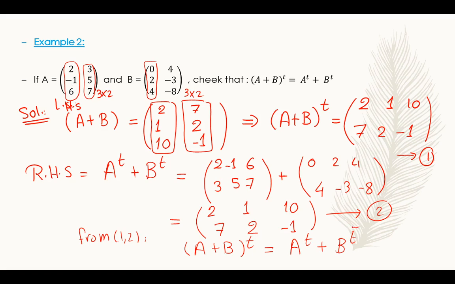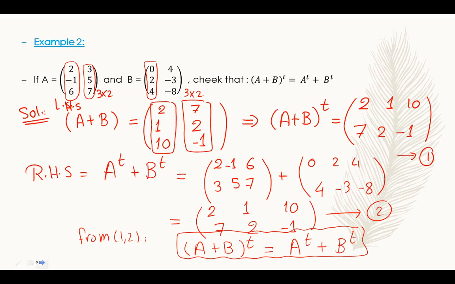You can take it as a rule that for any two matrices, A plus B for all transpose is equal to A transpose plus B transpose, as you distribute the transpose over A and B. You can use it in solving some other problems.